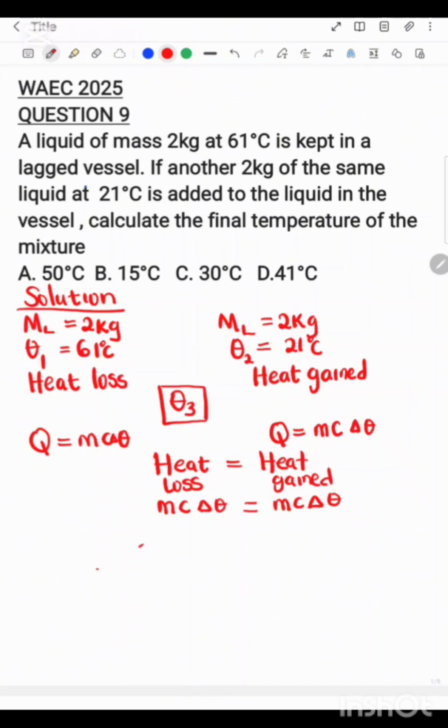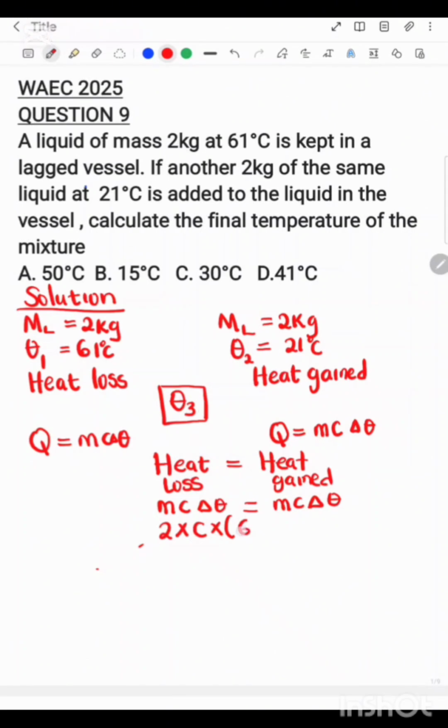Now, the mass of the first one is 2. The specific heat capacity is not given, but it's of the same liquid. So whatever you have as specific heat capacity here is also the same thing because it's the same liquid you're mixing. Now, the change in temperature for the first medium is going to be 61 minus theta 3 because it is losing.